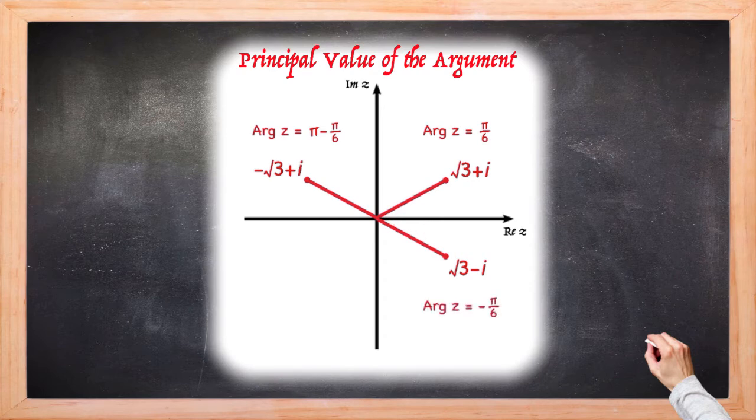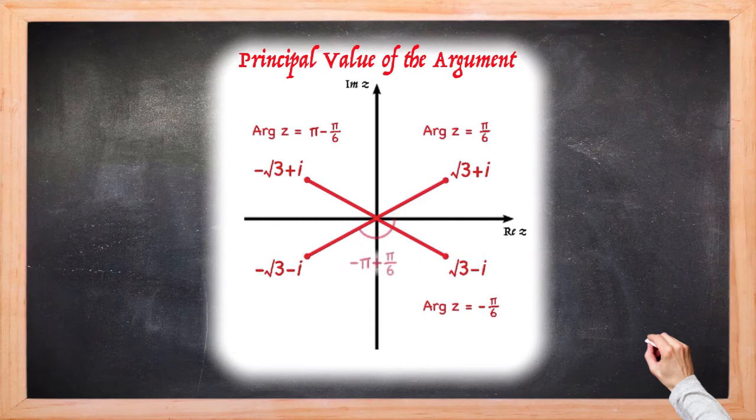Now the final related complex number lies in the third quadrant. It would be negative root 3 minus i. And how do we get the argument for this complex number? Well, we do the negative of what we did in the second quadrant. Instead of going all the way around to pi, let's go in a negative direction for the rotation all the way around to negative pi, and then we add a positive rotation of pi upon 6.